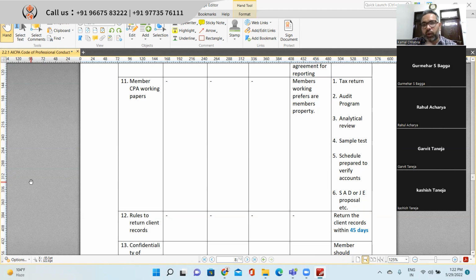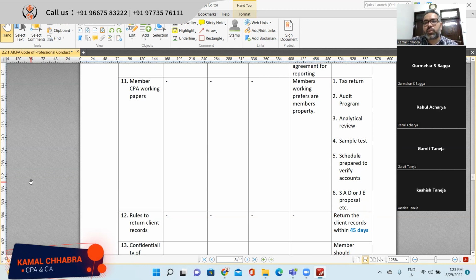This is your audit work paper. This is no more a management work paper, and it is your own ownership. So the member CPA work papers rule is that member working papers are member property. CPA work papers are CPA property.